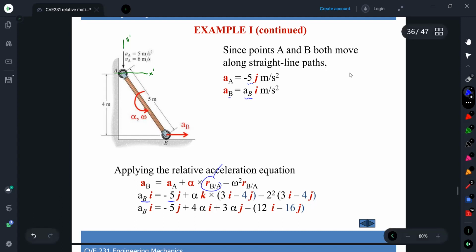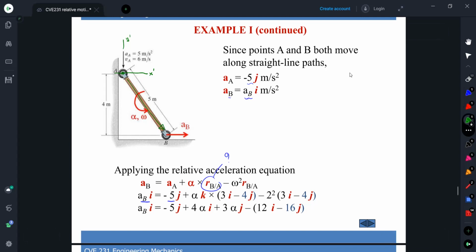Now we have to find RB sub A. In order to find it, we set up the axis at point A, because we would like to find the vector of point B from point A. So we set up point A as the reference.